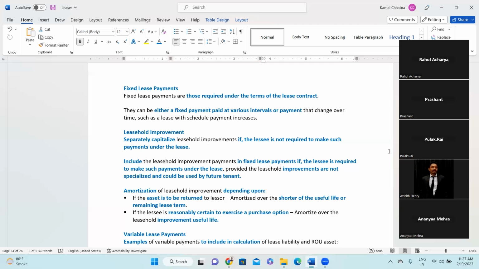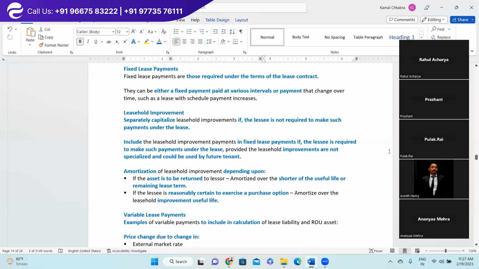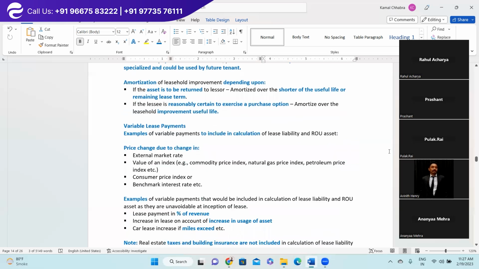Yes, sir. So, amortization of leasehold improvement: if the asset is to be returned to the lessor, then amortize over the shorter of the useful life or the remaining lease term. If the lessee is reasonably certain to exercise the purchase option, then amortize over the leasehold improvement's useful life. So if you have done any leasehold improvement and the lease is for a shorter period than the useful life of the asset, then you need to amortize over the lease term.